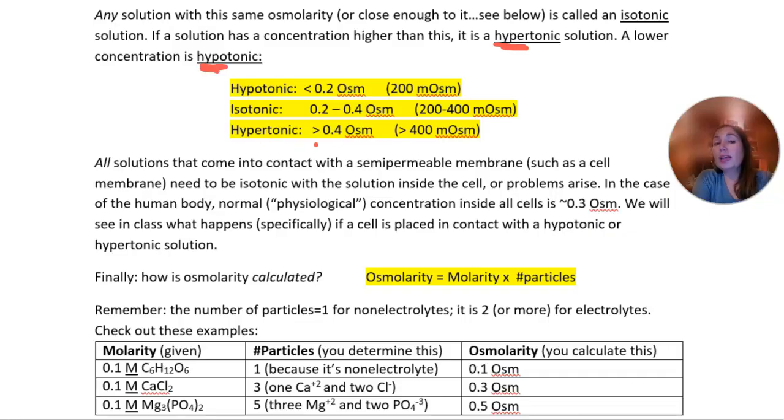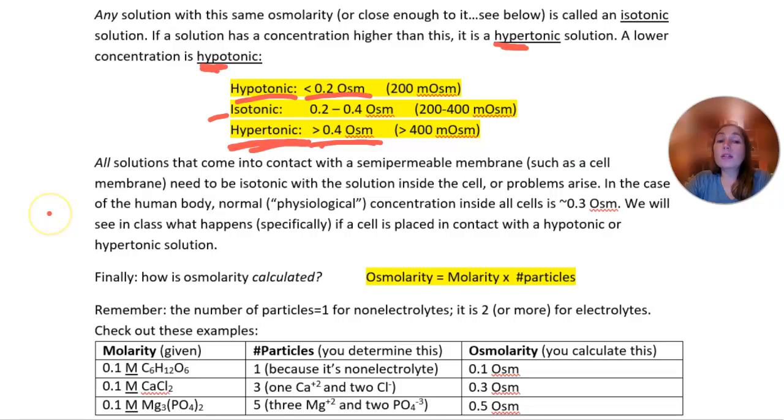So hypertonic is something that's above 0.4 osmolarity, and then hypotonic is something less than 0.2 osmol. So between 0.2 and 0.4 is considered isotonic or normal. Hyper, having extra, is 0.4 or greater. Hypo, or having less, is less than 0.2.